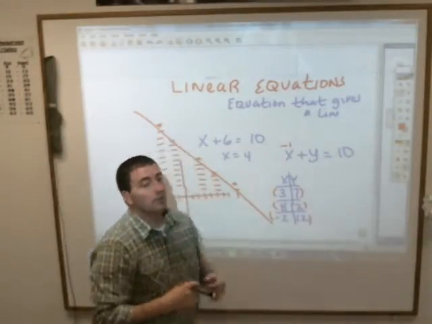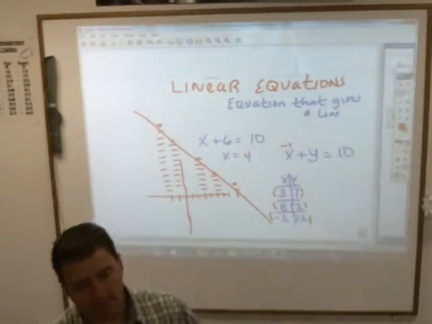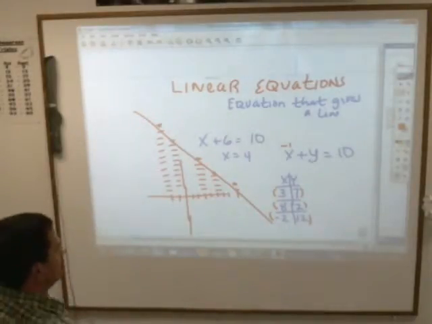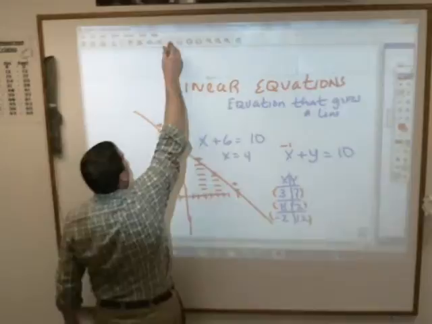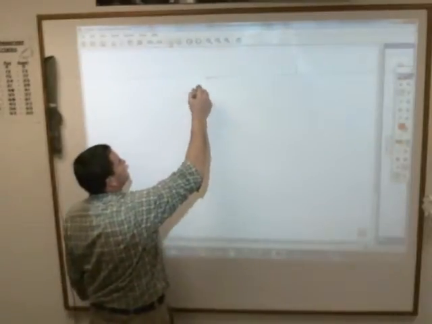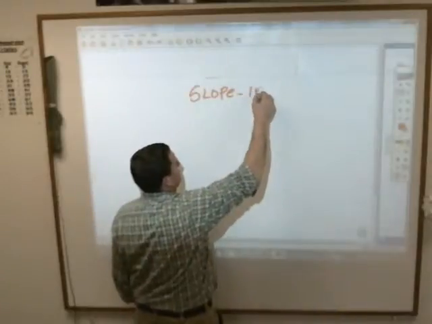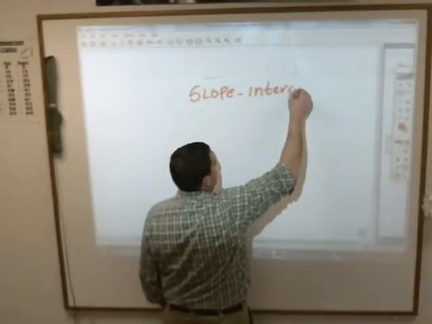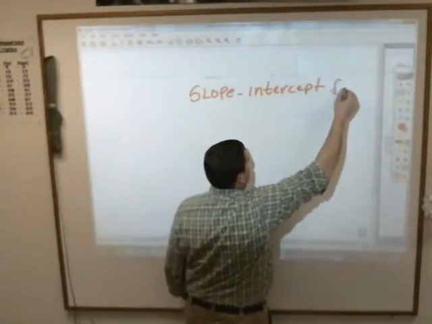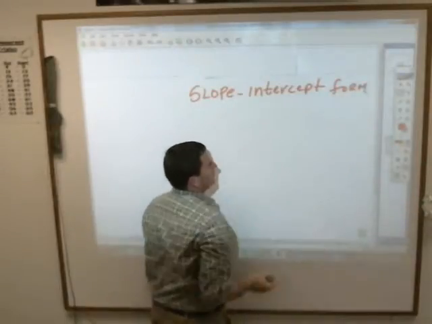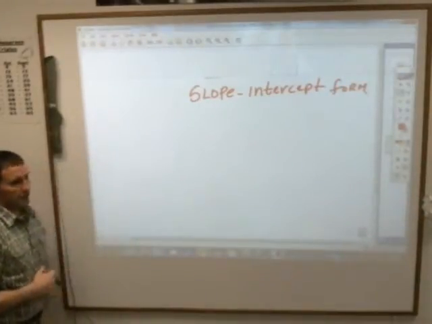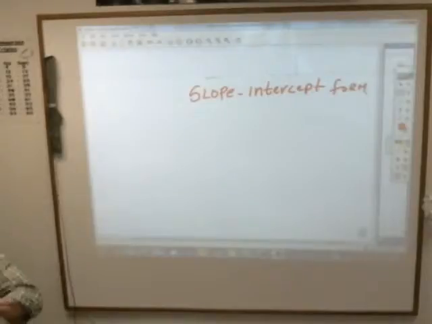Now, what we're talking about today is linear equations, except we are putting them in what's called slope-intercept form. Slope-intercept form, and there's a world of math out there that deals with this.